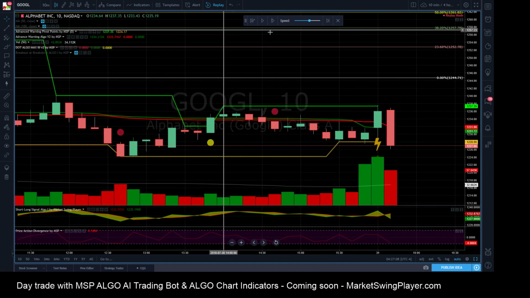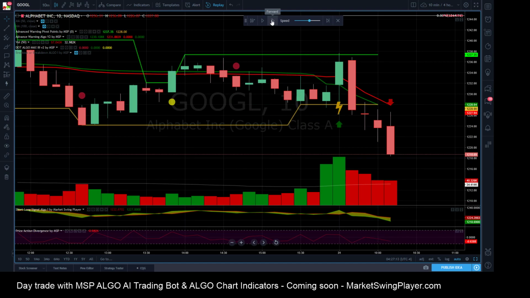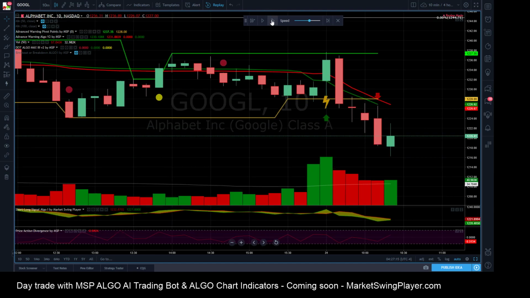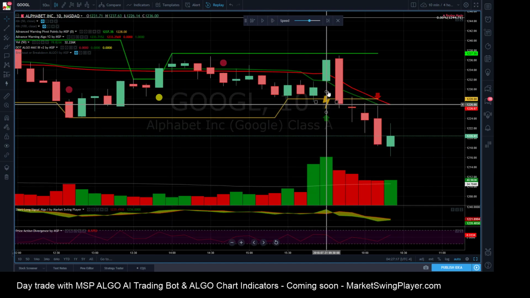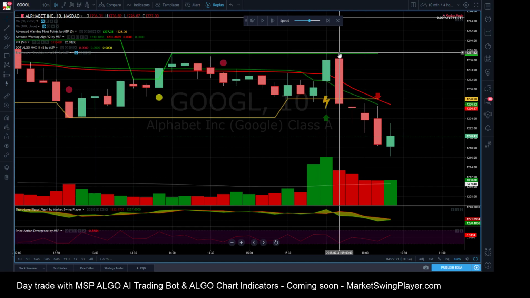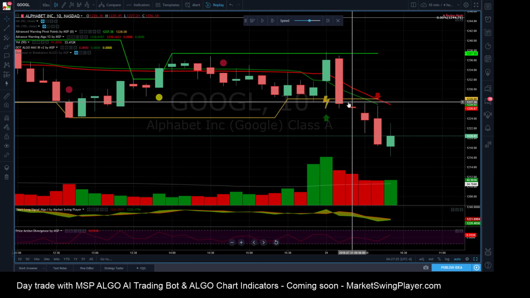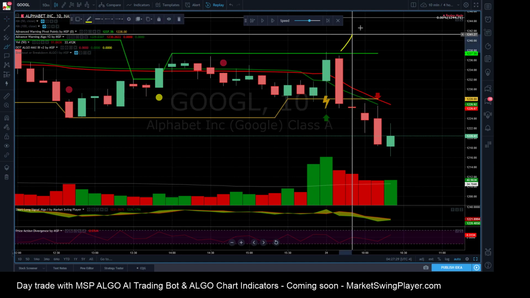Let's see what that move looked like. Wow. So here got a candle where the measured move alert came. It normally retests that resistance. If it fails, it'll pull back. If it does not fail, so these are the options here.